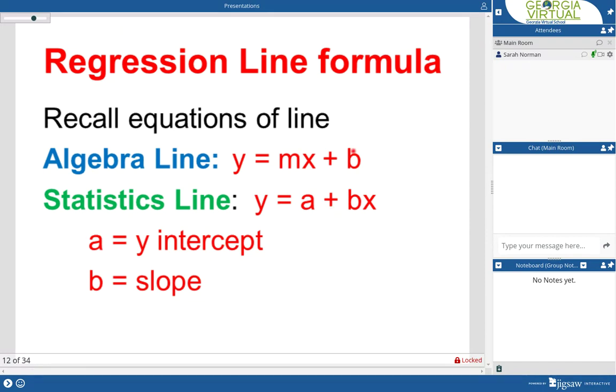So really, we're just swapping these and doing b in the place of m and a in the place of b. So don't let that get confusing. But this isn't algebra. This is statistics. So you might want to just write down that the standard form of the regression line is y equals a plus bx.